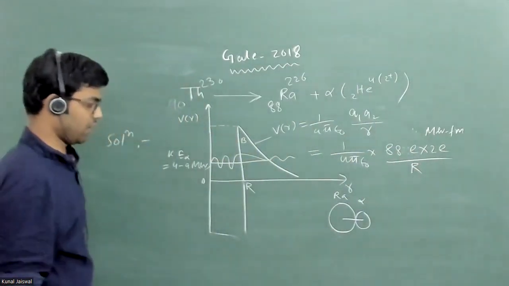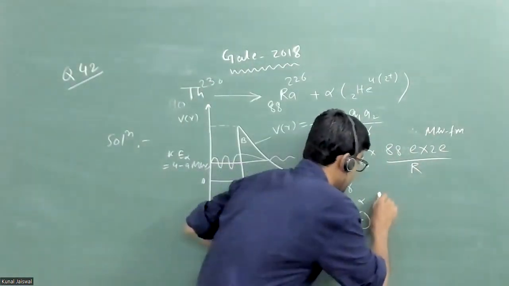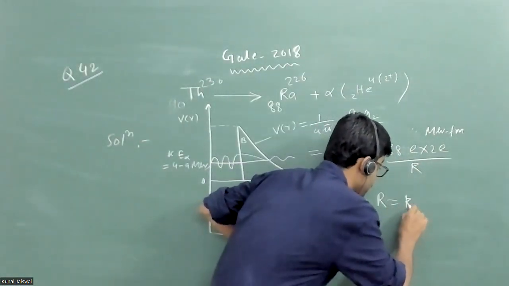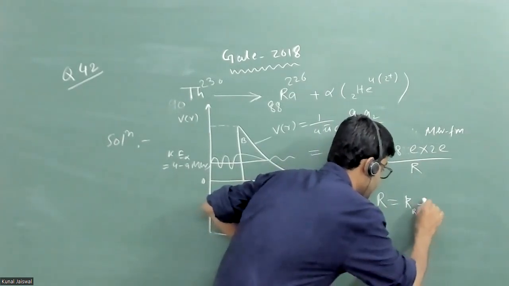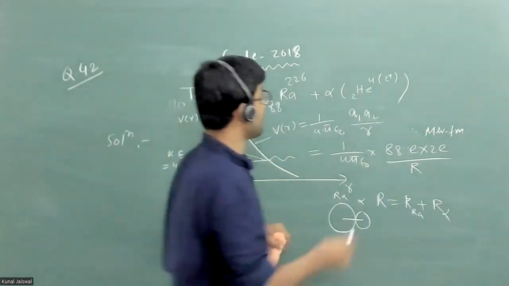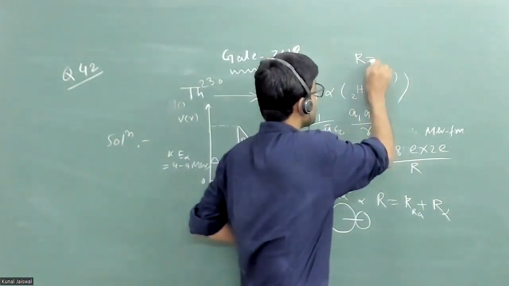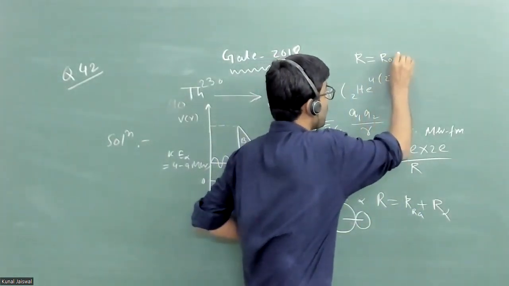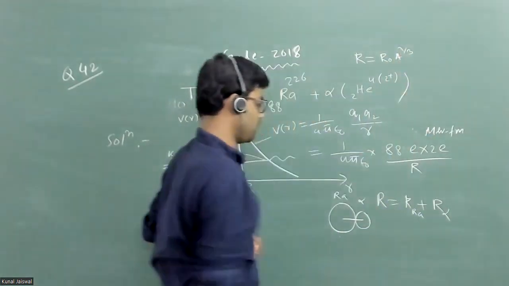Now you can find that R because R is nothing but the radius of the radium nucleus plus the radius of the alpha particle. And you know there is a famous equation that the radius of a nucleus is R naught times A to the power 1 by 3, where A is the mass number.